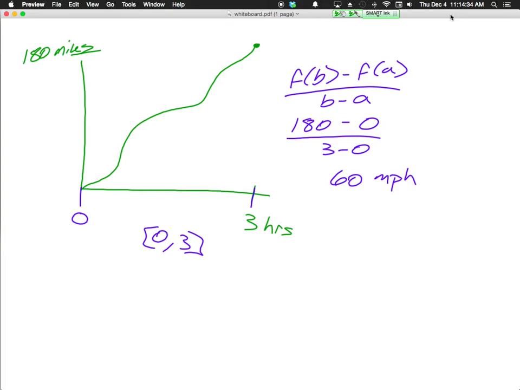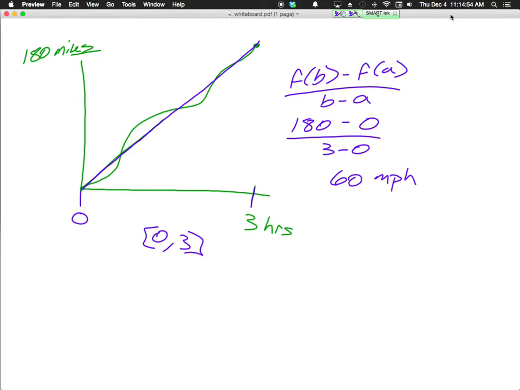Draw a line that connects what? Two points, your endpoints. So we draw a line that connects these two points. The slope of that line would be AROC, and in this case it ends up being 60.